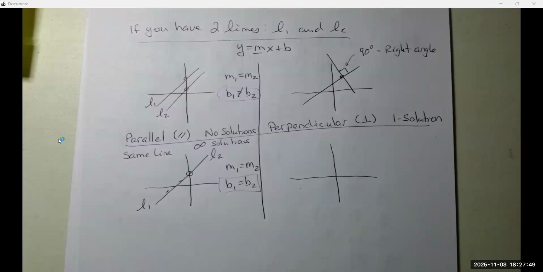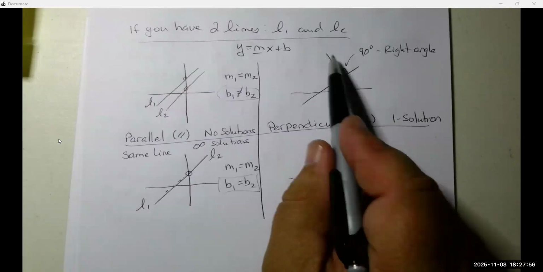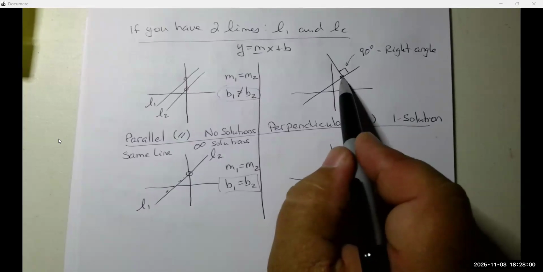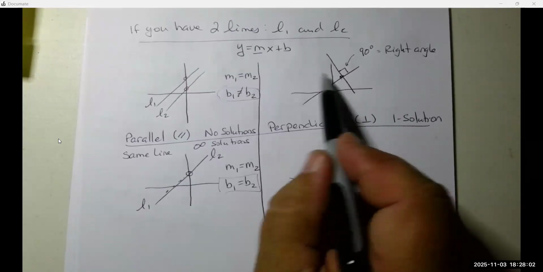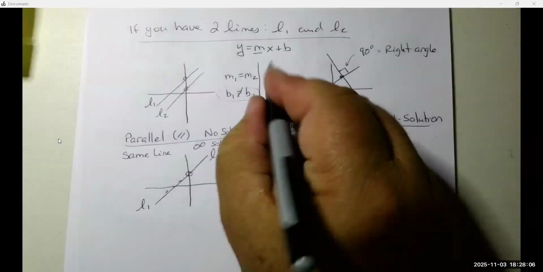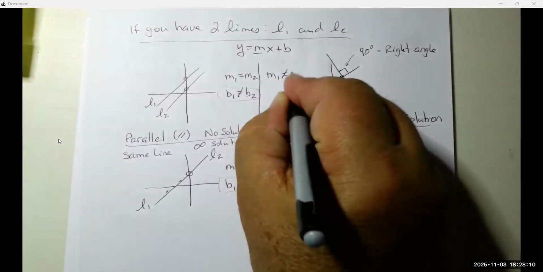So what do we know about these two? There's nothing that says anything about the y-intercepts. They can have different ones, or where they intersect could be a y-intercept. We don't really worry about the y-intercept in these cases. The only thing is the slopes cannot be the same.